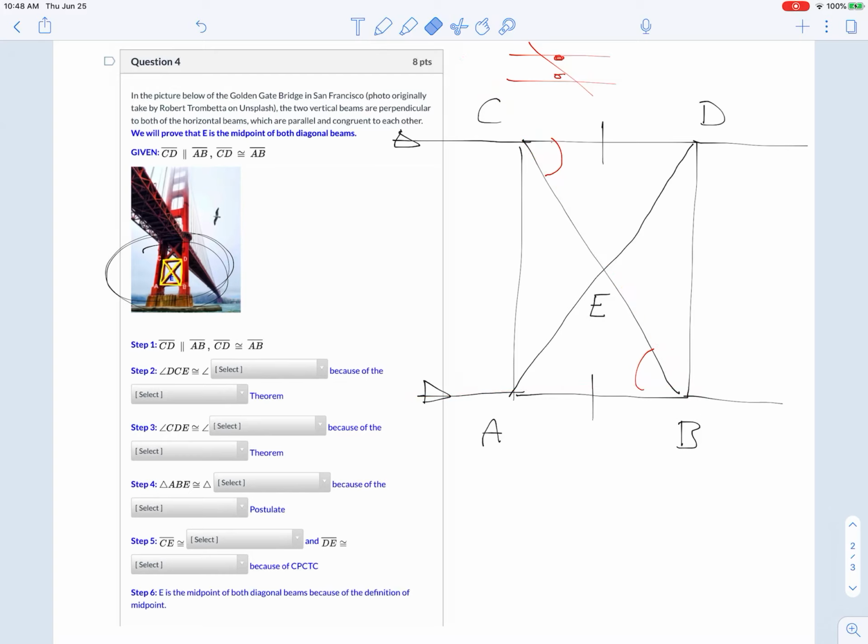Similarly, now I'm going to look at this segment from A to D. Parallel lines are cut by a transversal, so that one is sloping up from left to right. And I'm going to zero in on this one and that one. Those angles are congruent.